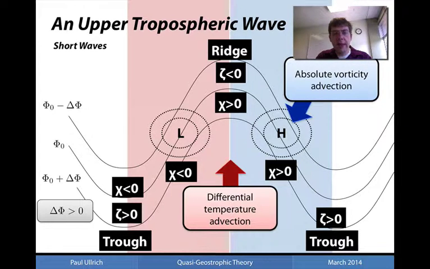So the trough then has a tendency to propagate into the red region in order to support advection of absolute vorticity. Analogously, in the blue region, we have a positive geopotential tendency, and hence the ridge will be advected eastwards in order to compensate for the fact that geopotential tendency is increasing within this region, and so the maximum will be moving into the blue region.